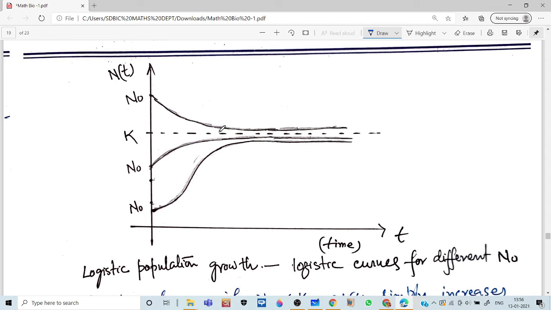This horizontal line is the asymptote. If n0 is at this point, the graph is this. If the value of n0 is above the carrying capacity, the initial population is above k, so the graph is decaying.